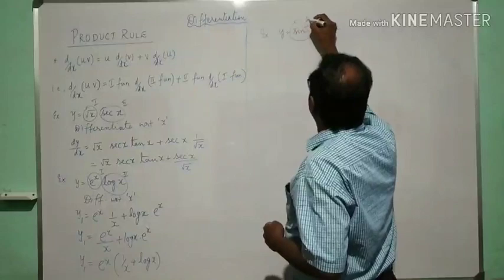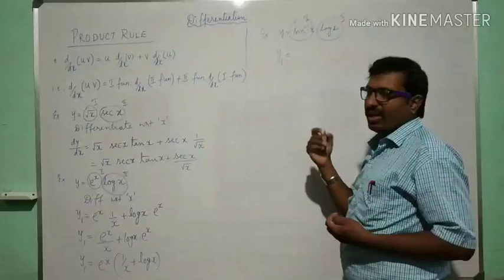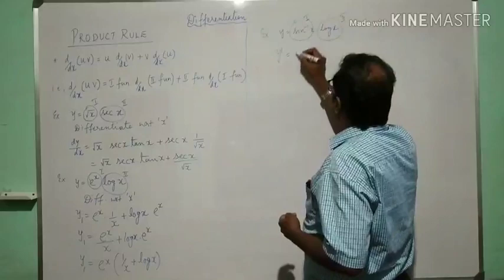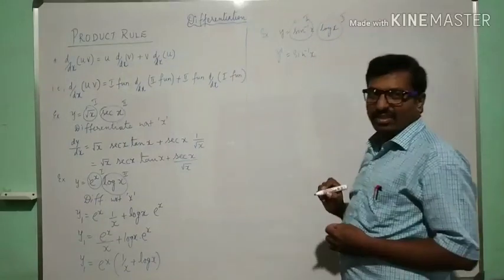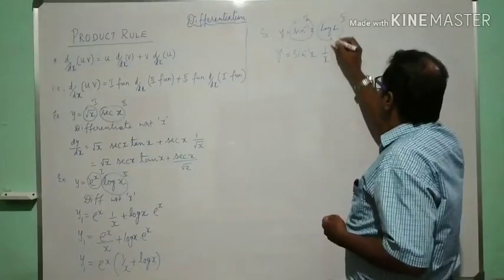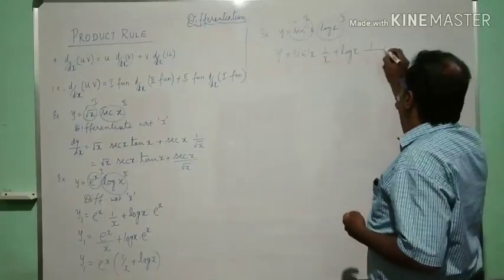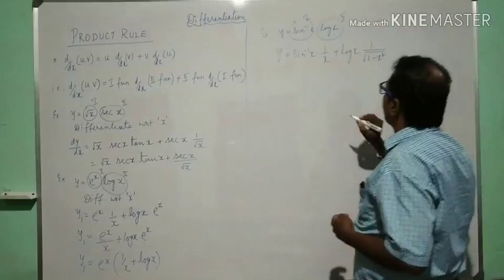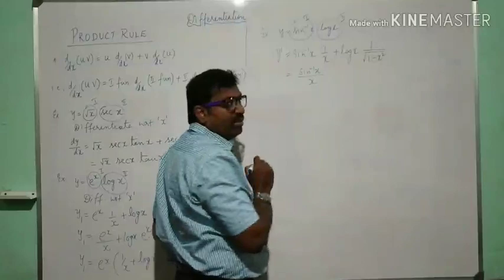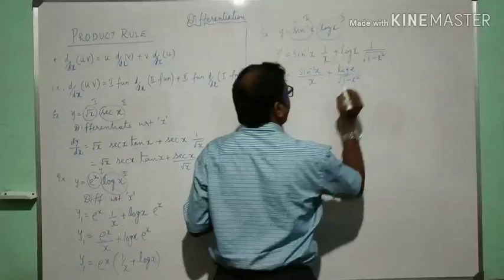Now this is the first function, this is the second function, y1, or you can take y dash. y dash is: first function, keep it like that only, sin inverse x into the derivative of the second function, which is 1 by x, plus the second function, keep it as it is, and the derivative of sin inverse x is 1 by root of 1 minus x square. Just rearrange: sin inverse x by x plus log x by root of 1 minus x square. That's it.